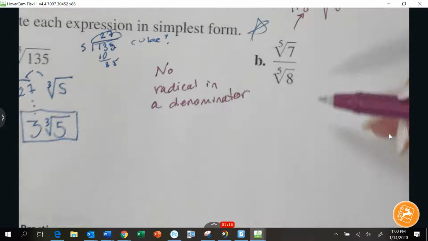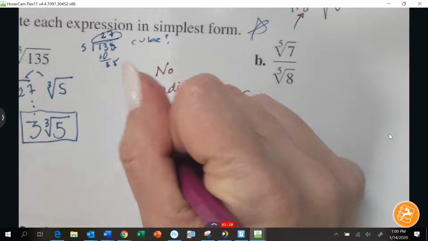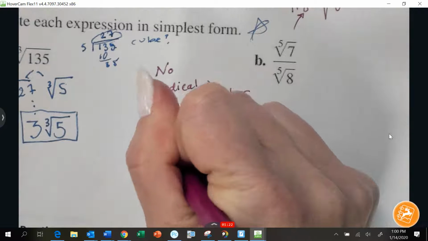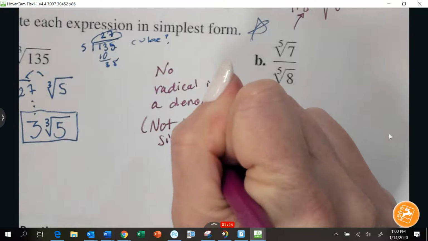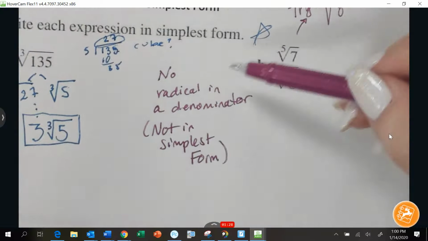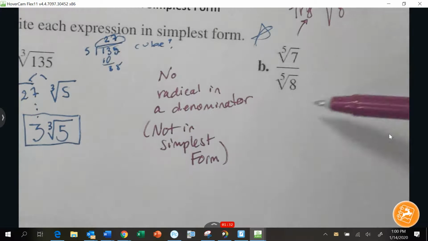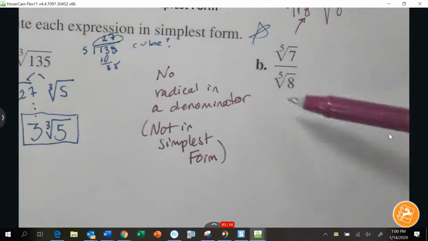If you have a radical in the denominator, it is not in simplest form. And since the directions say write it in simplest form, we have to manipulate this using secret methods.